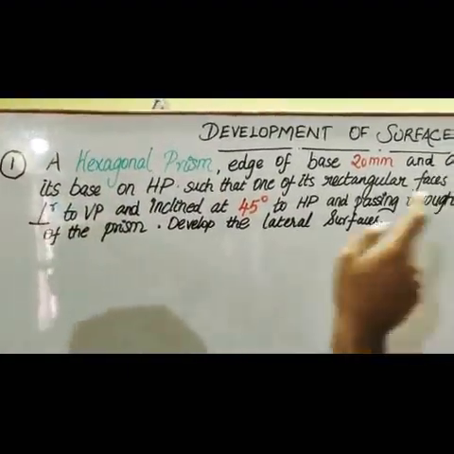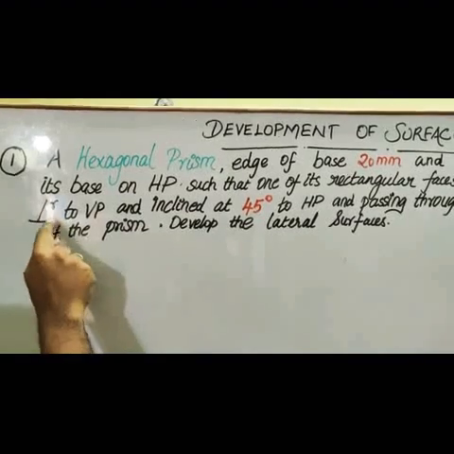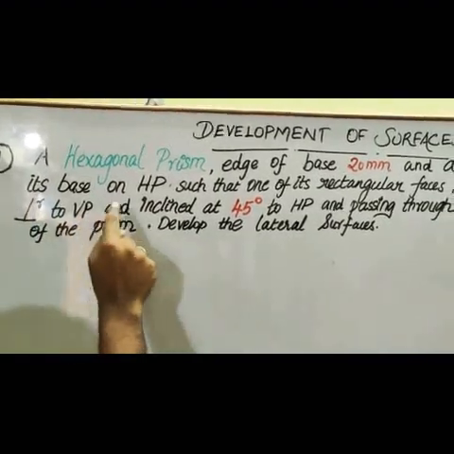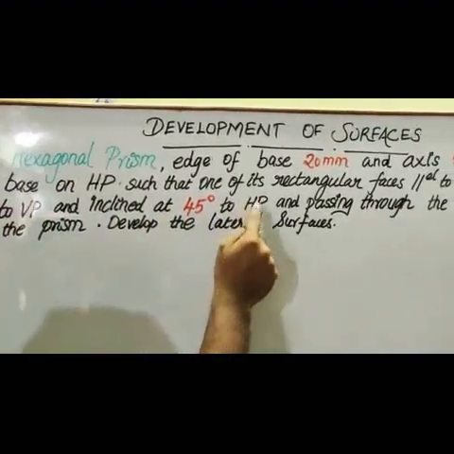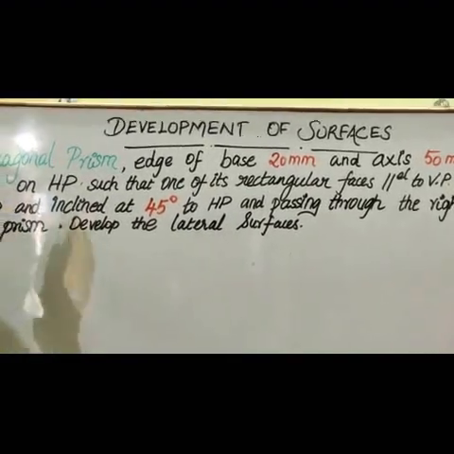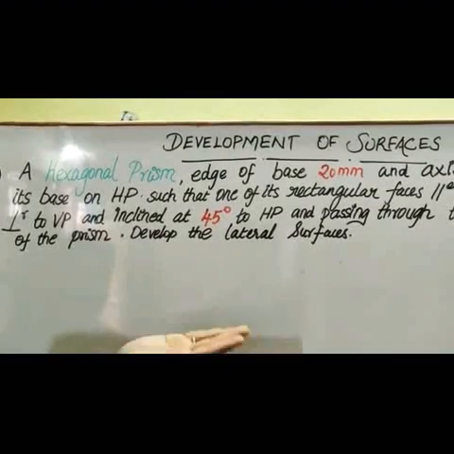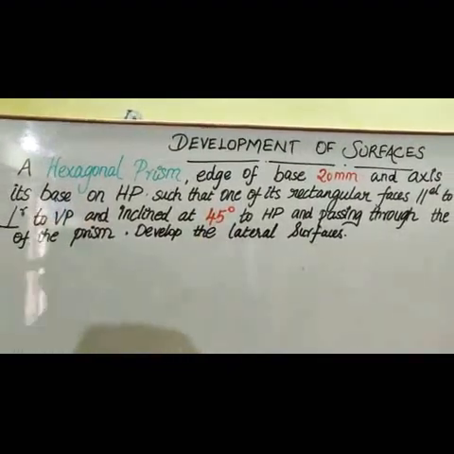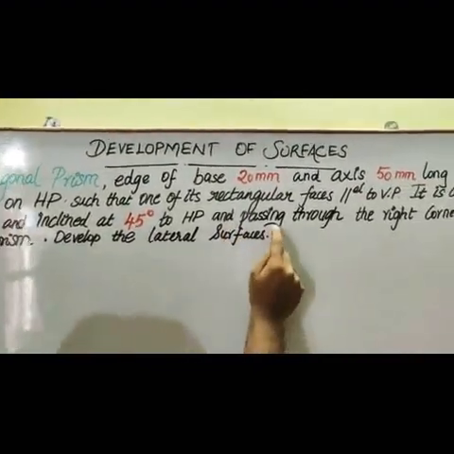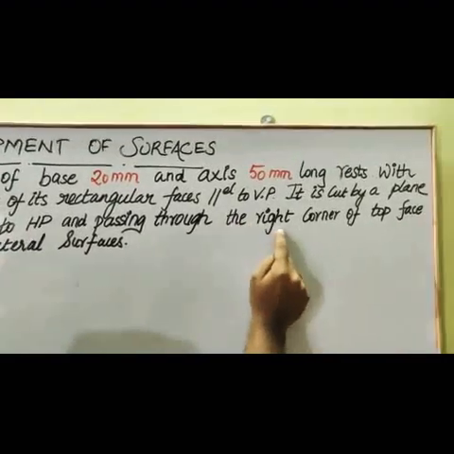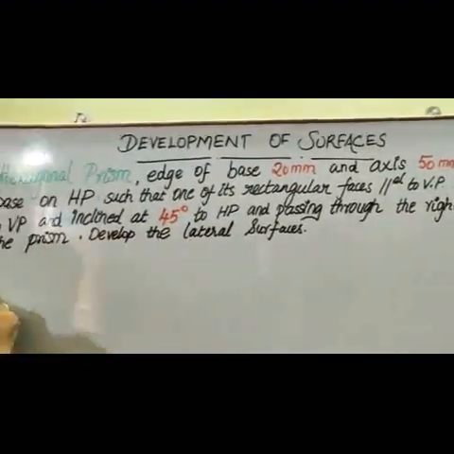It is cut by a plane perpendicular to VP and inclined at 45 degrees to HP. So the cutting plane is perpendicular to VP and its inclination with respect to HP is 45 degrees, and it passes through the right corner of the top face of the prism.